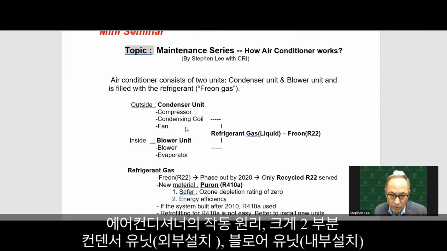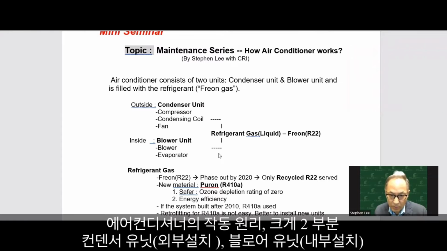The condenser unit usually stays outside, and it has a compressor, a condensing coil, and a fan. Inside the building, we have the blower unit. It has a blower and an evaporator.